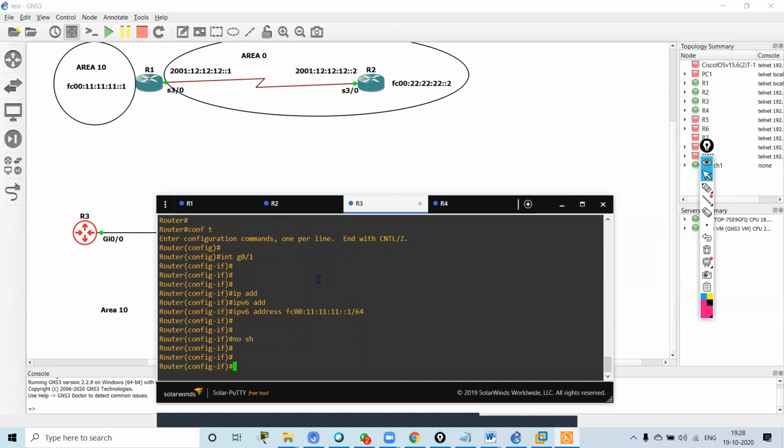No shut, no keepalive. Interface gigabit 0/0, 2001:12:12:12::1/64.